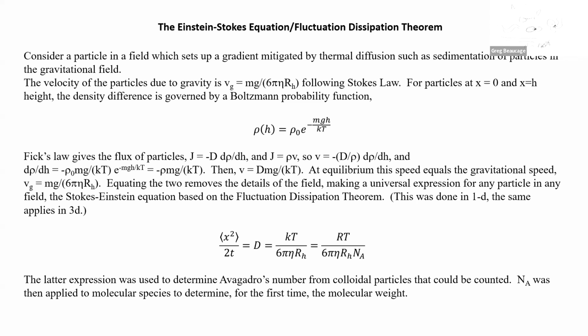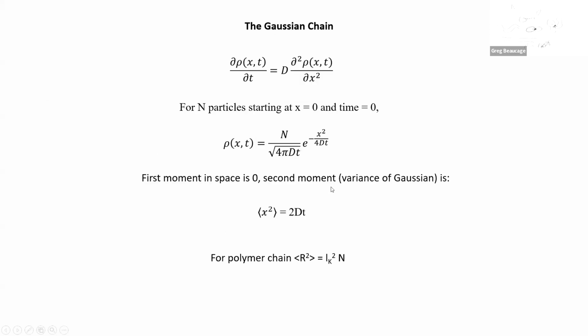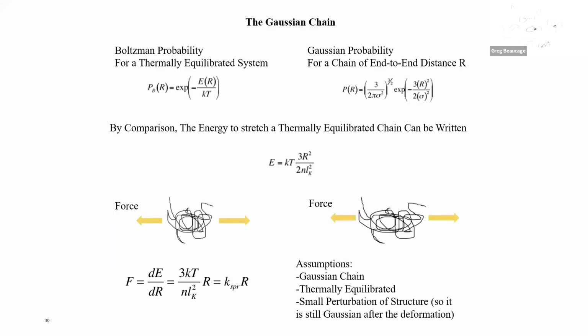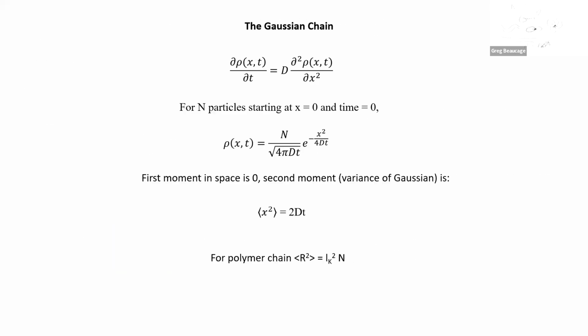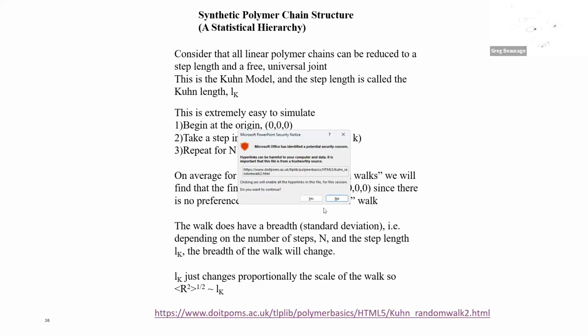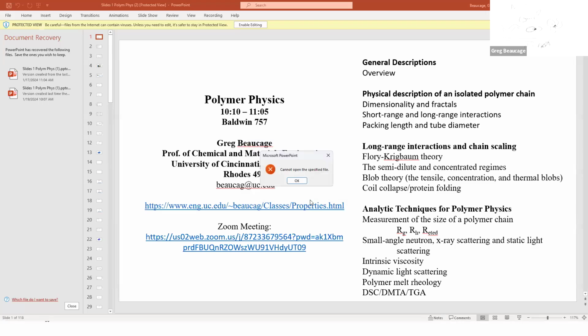So anyway, if you do that, this should go white at some point. Not here. But the same thing. So this is another one of those random walk things. What does it say? Clicking yes will enable.